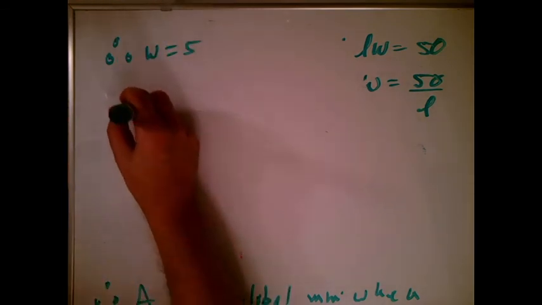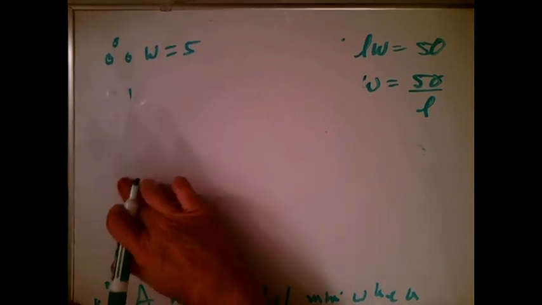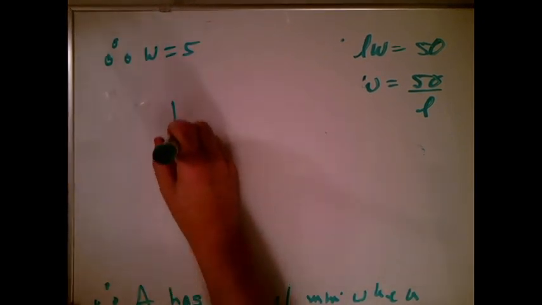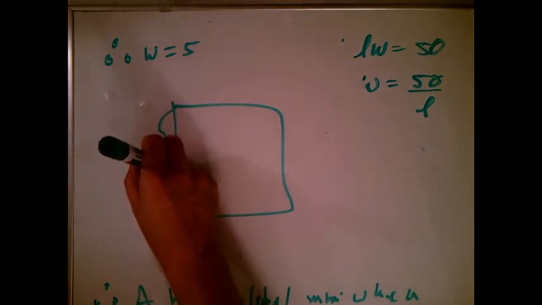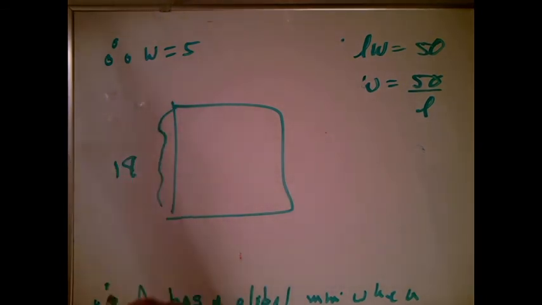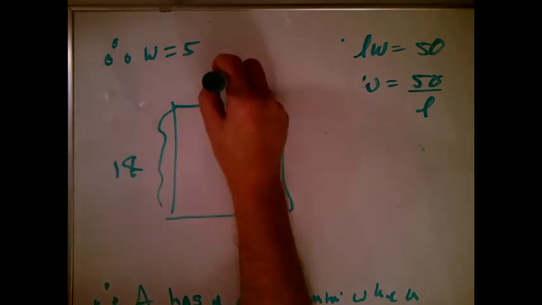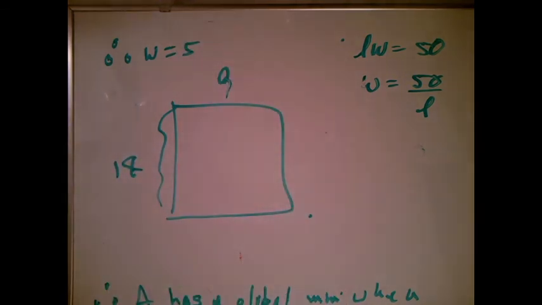And then the dimensions of the whole page, here, let's do it over here just so I have a picture, right? Let's see, L is 10, so that's going to make this side 18. W is 5, that's going to make this whole side 9. And I think we've answered all the questions they possibly could have asked. So there we go.